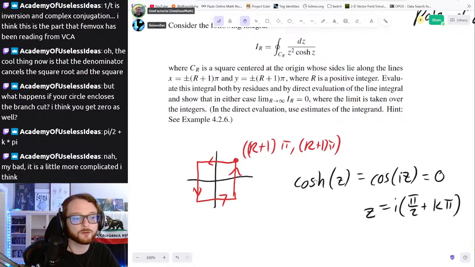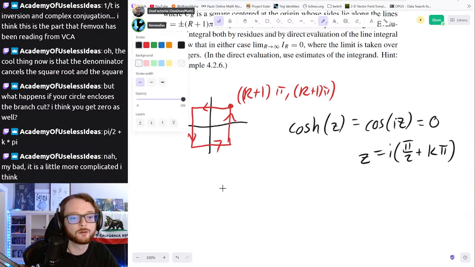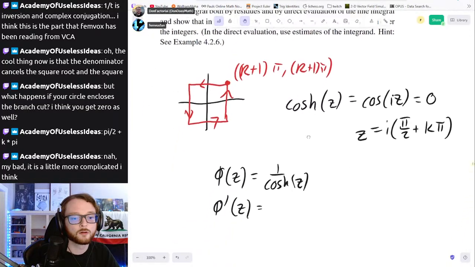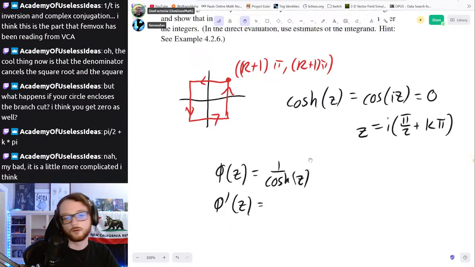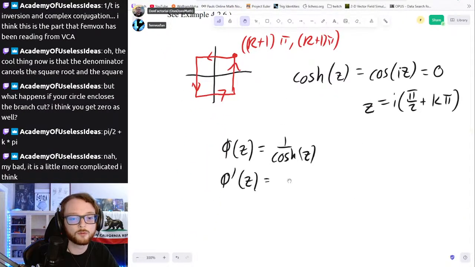The cosh piece, I'm not sure about. Yeah, the cosh is tricky. The z squared we can think of as 1 over cosh over z squared, and then the residue will be 1 over cosh over 2z. And then plug in, oh wait, that's trouble. Well, we need to do a derivative because it's a double pole. I just don't know what this derivative is.